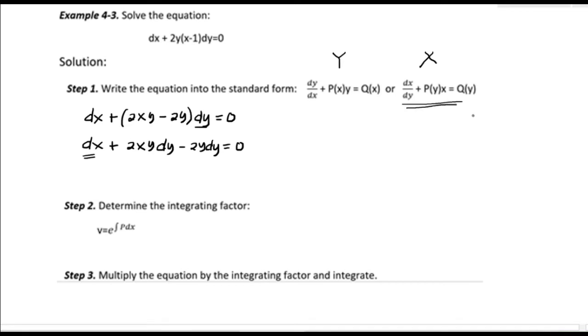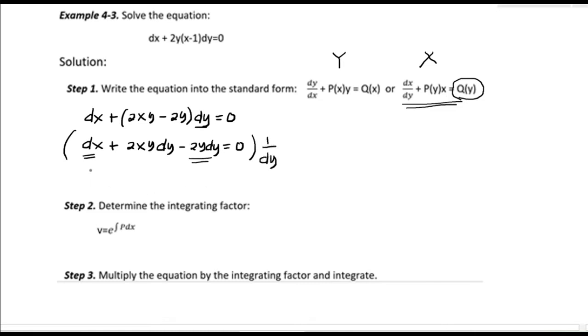In this standard form, you notice that Qy should only be a function of y. But before doing that, we need to multiply this by 1 over dy.